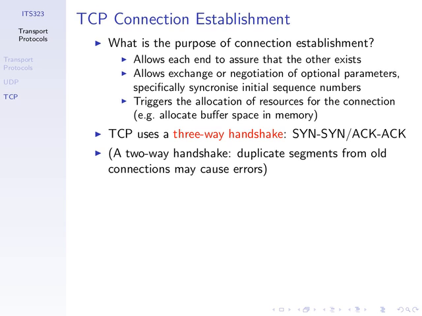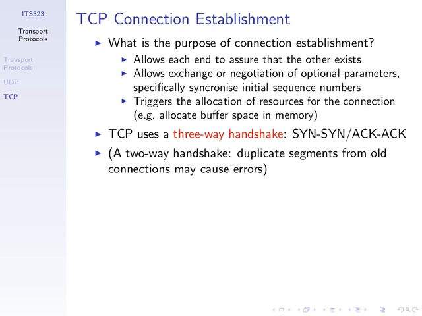It allows each side to exchange or negotiate values that they're going to use for the data transfer. Specifically for TCP, we need to tell each other our initial sequence numbers. I'm going to choose an initial sequence number, 3042. I need to tell the server that value. The server chooses initial sequence number, 173, and it needs to tell me that value. That happens when we establish a connection.